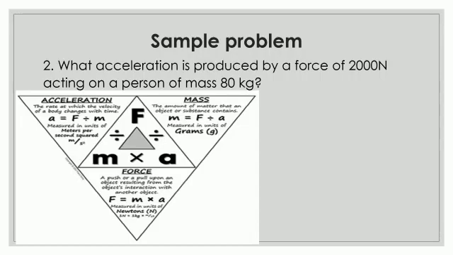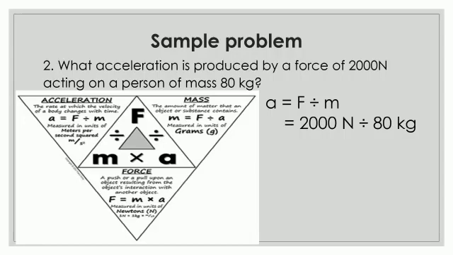And now our formula is a is equal to F divided by m, or acceleration is equal to force divided by mass. Now we are going to substitute the values given in the problem, where force is equal to 2,000 newtons divided by the mass, which is 80 kilograms.